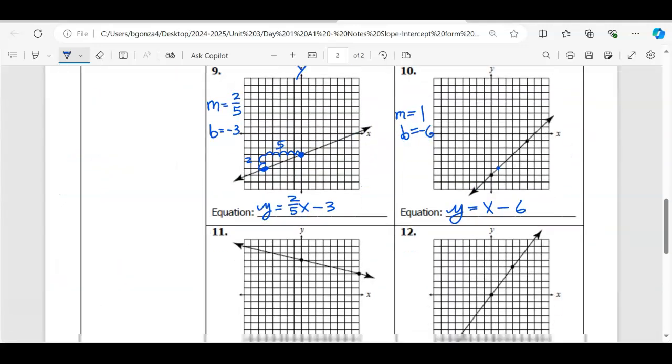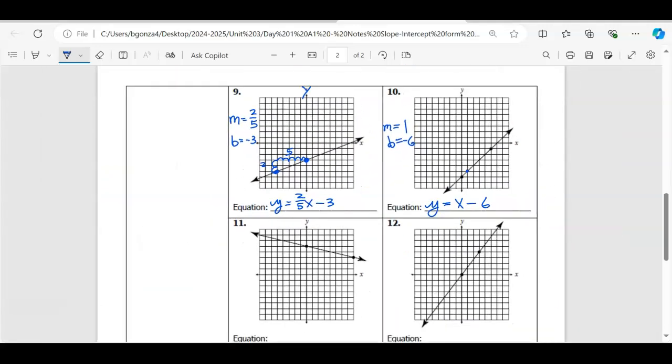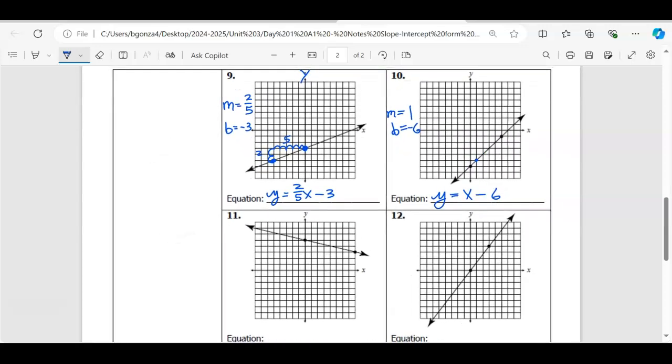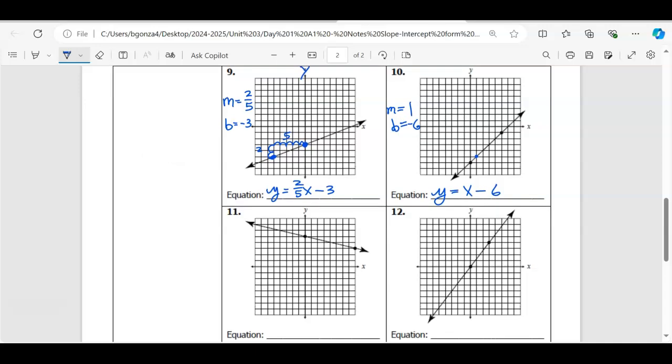All right. Number 11. All right, now this goes down 1. That's negative 1. 1, 2, 3, 4. Oh, my bad. To get from this point to this point, it goes down 2 over 8.